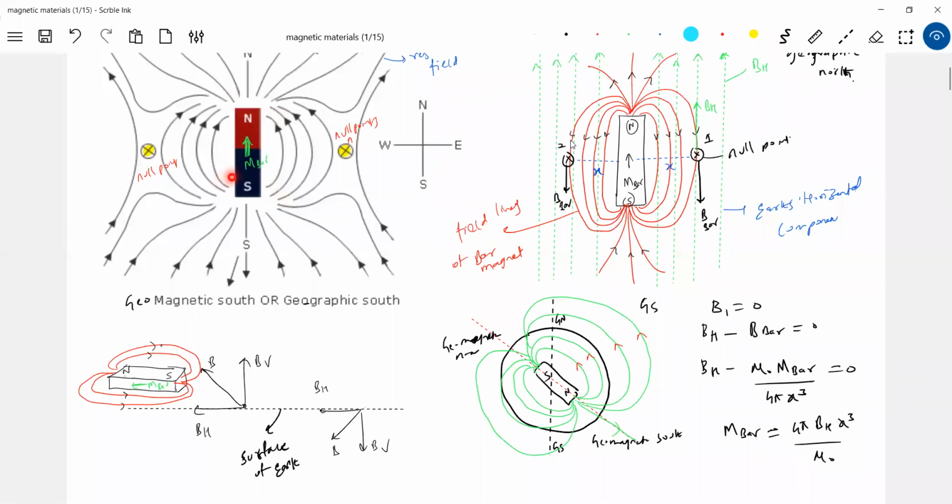If x is very small, then B will be greater than BH. As x decreases, the field strength increases, but not very much. Don't think in that way. Here it will be zero, this will dominate. So the resultant field, the arrows, you want to show like this.